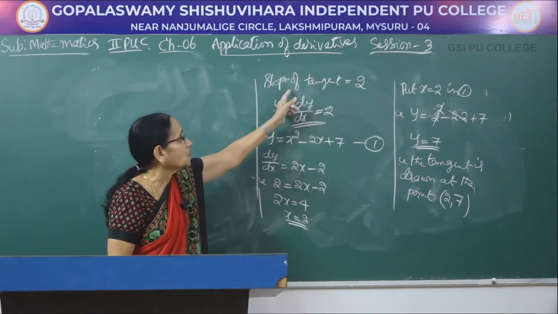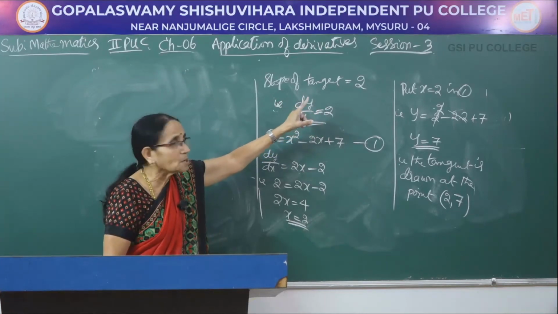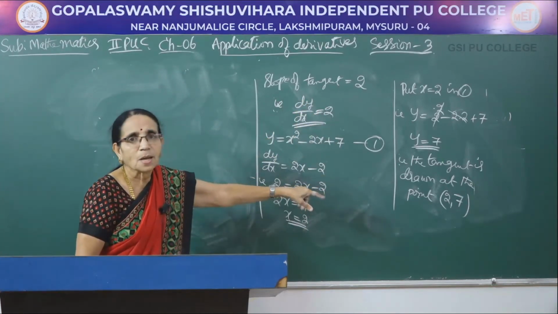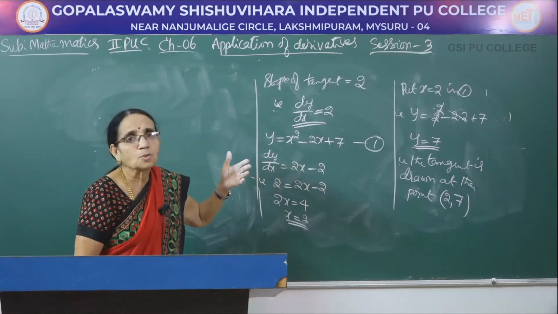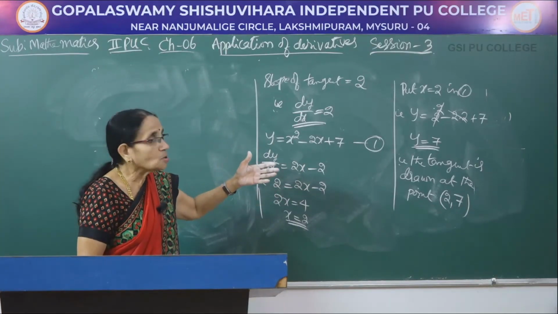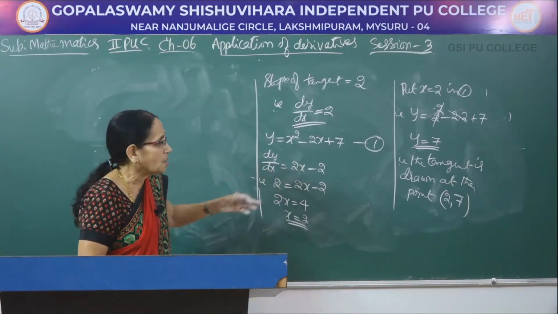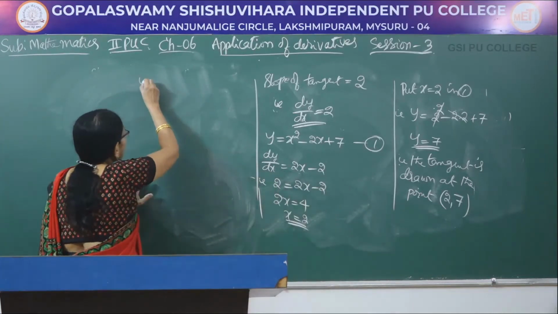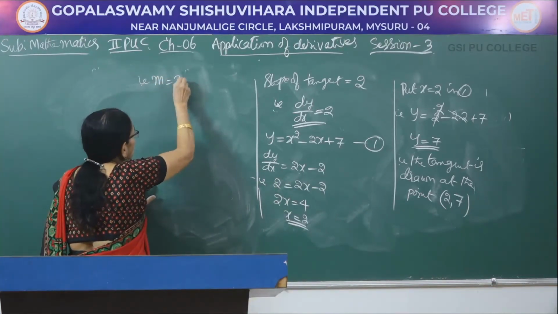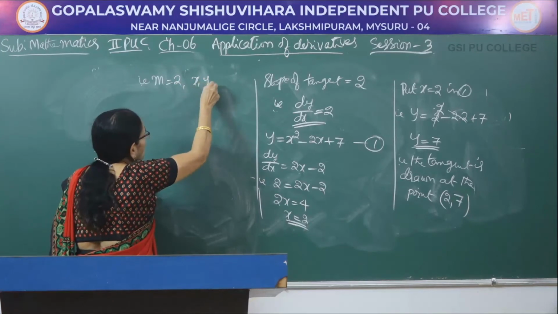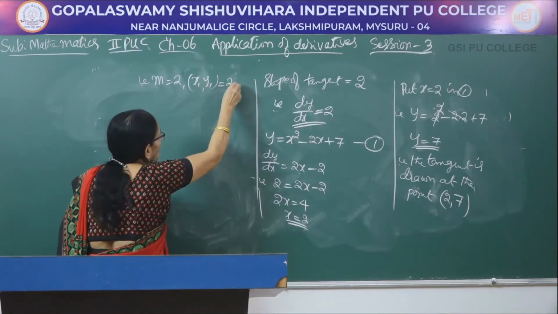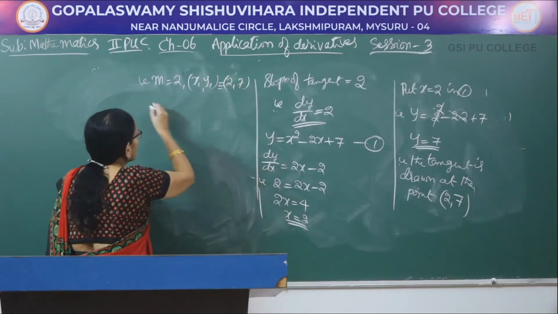So, slope of the tangent is also equal to 2. So, slope is already known and point has been calculated by us. So, we can use the slope point form of the equation and get the result. You write that m is equal to 2 and x1, y1 is equal to 2, 7.